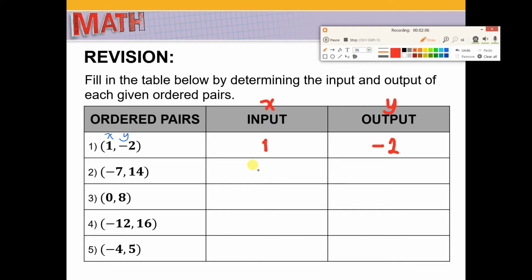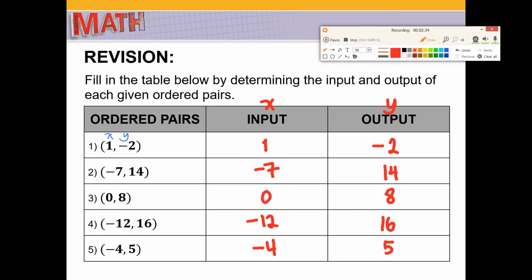The input here would be negative 7, and the output would be 14. For number 3, the input will be 0, and the output will be 8. For example number 4, we have the input as negative 12 and the output as 16. And in the last example, the input will be negative 4 and the output would be 5.